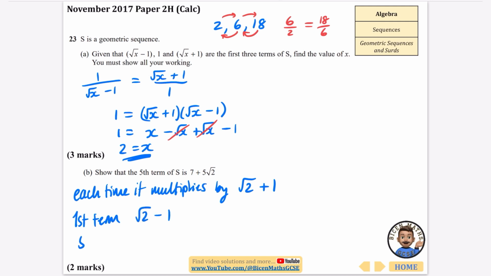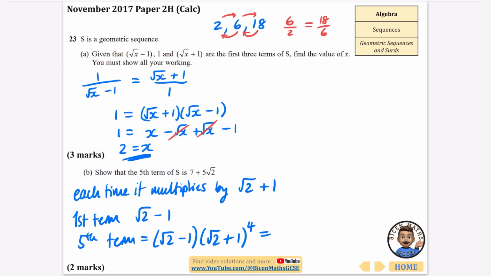Now, we want to find out the fifth term. So the fifth term is going to be the first term, and this is what we multiply it by each time. We're going to multiply it by root 2 plus 1. That would get me the second term. To get the third, fourth, and fifth, I need to multiply it by that 4 times.